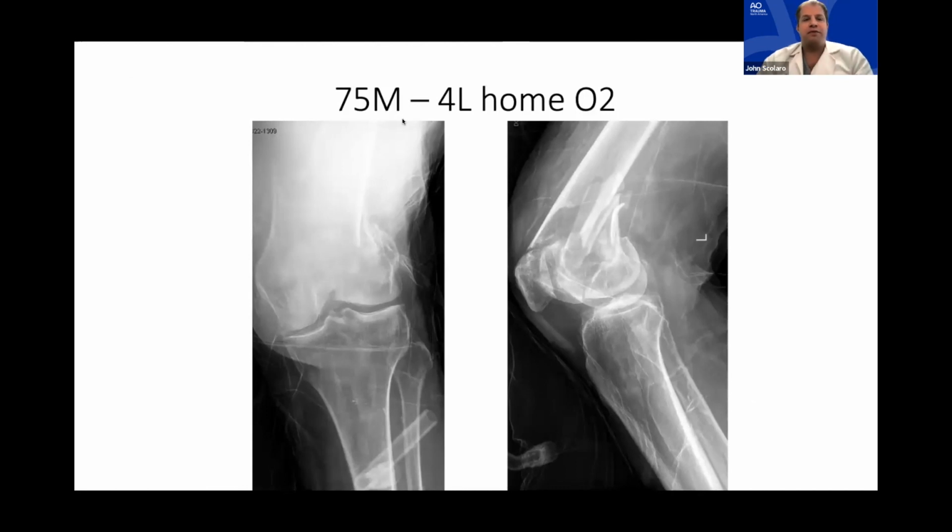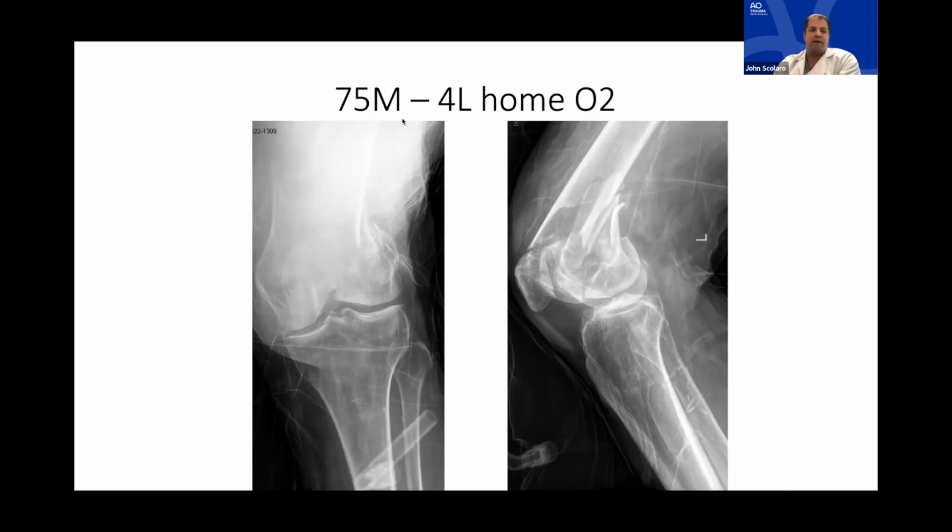So this next one is a 75-year-old male. You see poor bone quality, already on home oxygen, and it looks like an intra-articular fracture. Justin, maybe you can comment on the complexity of the intra-articular fracture. I think this is your case, but a native knee.